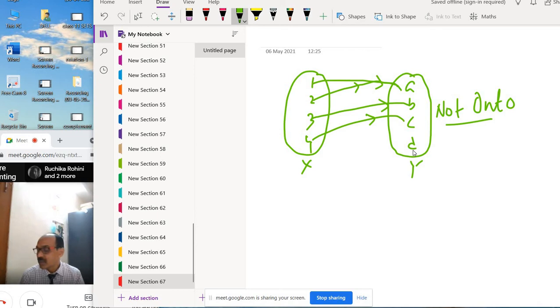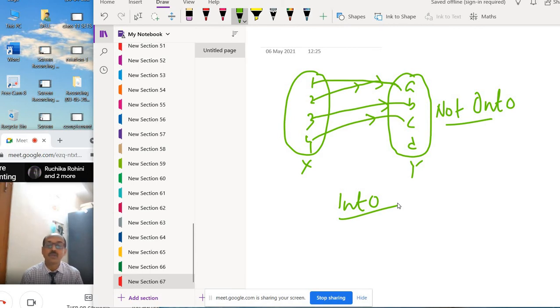Now, into function, into. So this is not onto, that means this is an into function. A function f from X to Y is said to be into function if there exists even a single element in B, that means Y set, second set, a single element in Y having no pre-image.